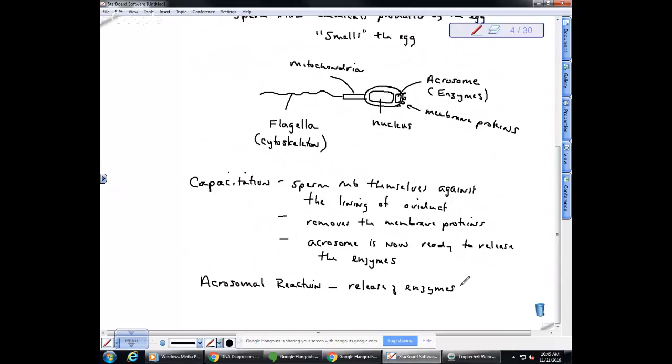And this acrosomal reaction helps to break down the barriers, and so it helps the sperm to gain entry into the egg, right? So it breaks down the corona radiata and the zona pellucida.